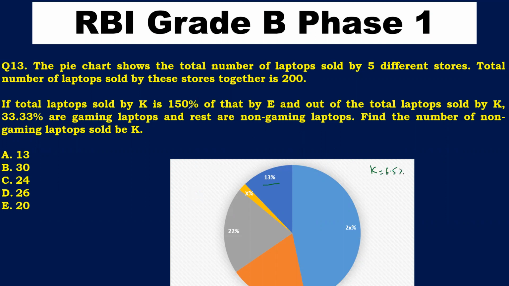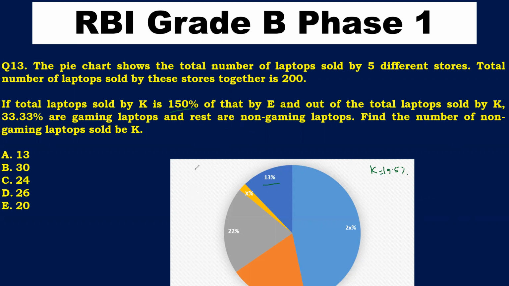Sorry, 6.5% more. It is 150%, so it will be 19.5%. K will be 19.5%, 50% more than E. And out of total laptops sold by K, 33.33% are gaming laptops and rest are non-gaming laptops. Find the number of non-gaming laptops sold by K.